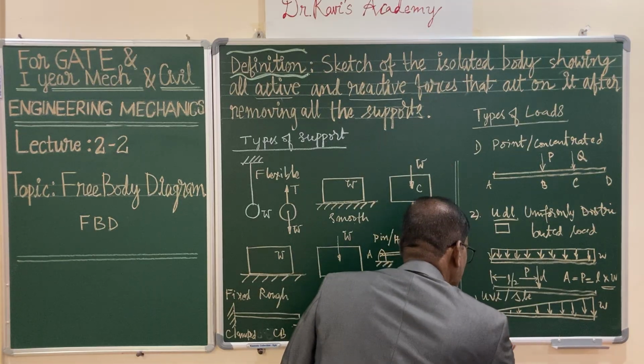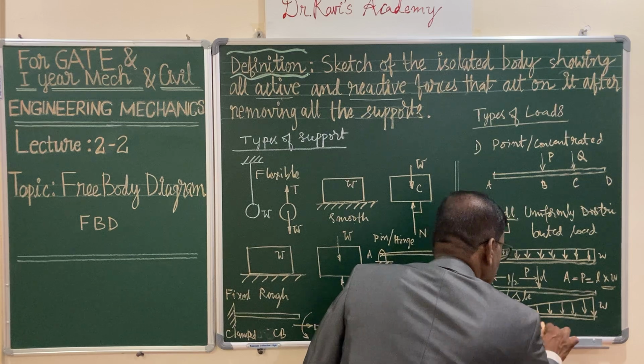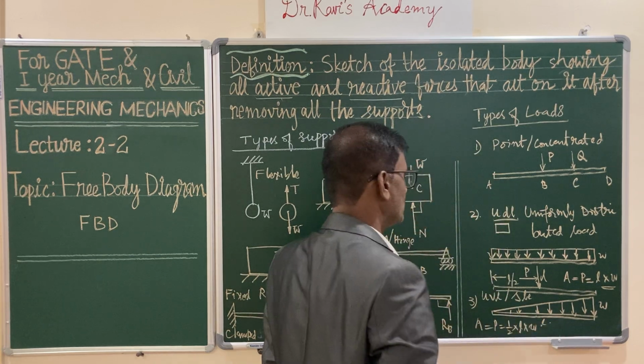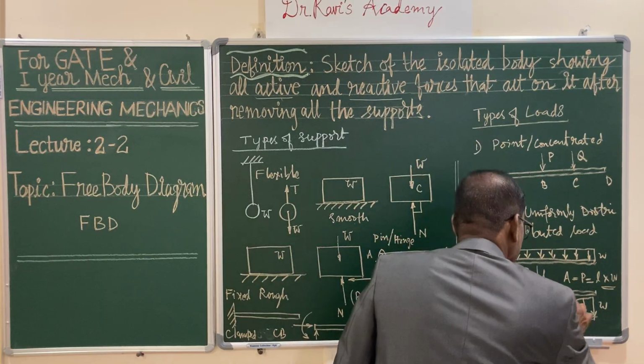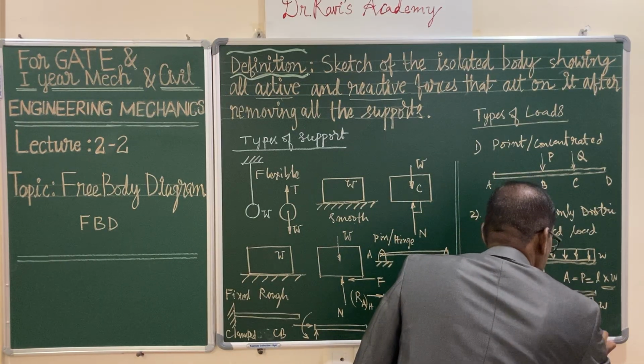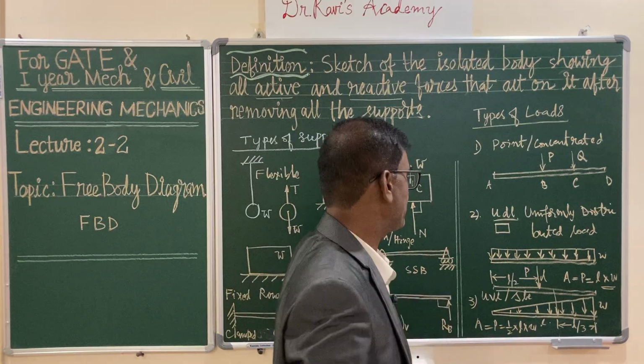The area of the diagram is half into length L and height W. So WL by 2 will be acting exactly at the centroid, at a distance L by 3 from the base and 2L by 3 from the apex.